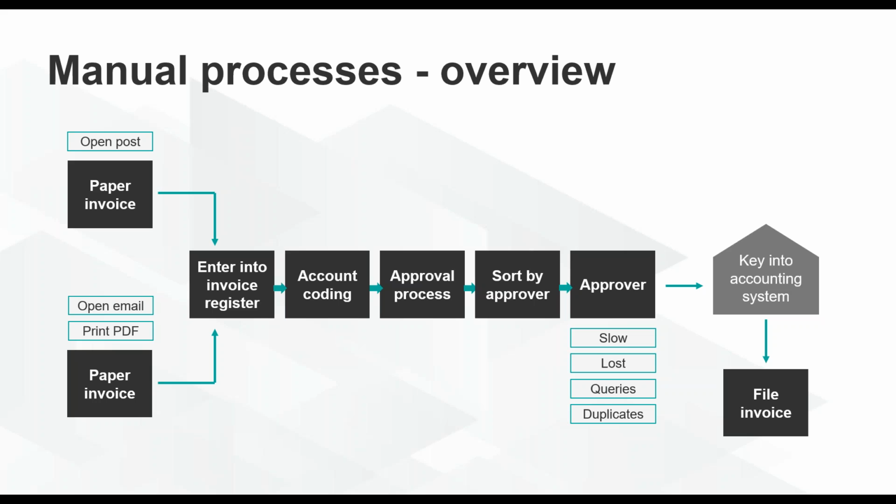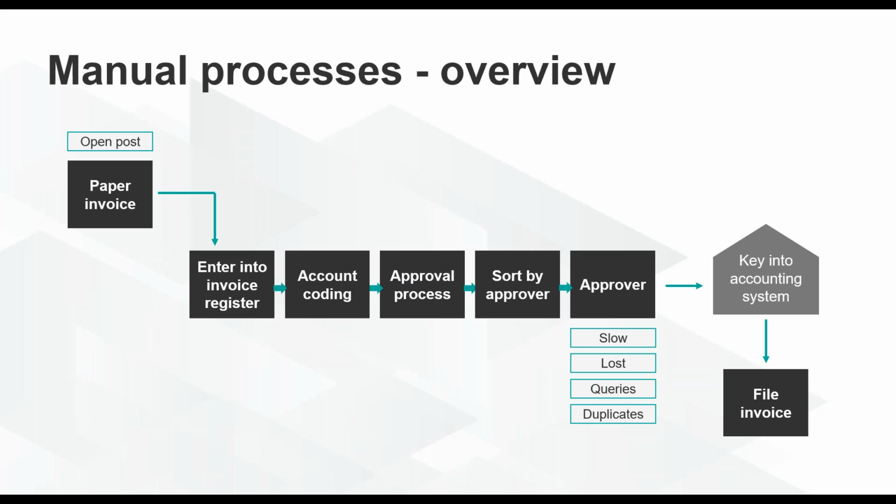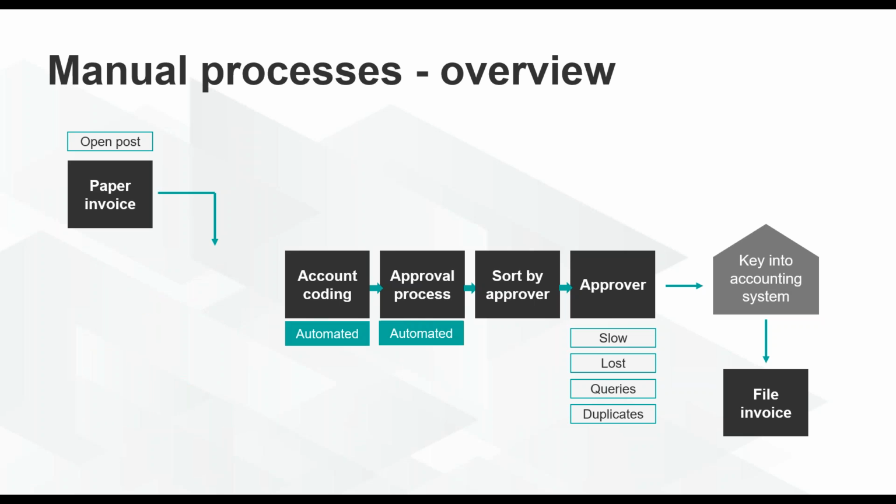So looking at this manual process, the steps which are eliminated are, you'll no longer need to print out invoices that come in via email. Keying into an invoice register obviously becomes redundant. With 60 to 80% of invoices having default account coding and approval process, the decision making required is minimised, leaving you to handle only the exceptions.